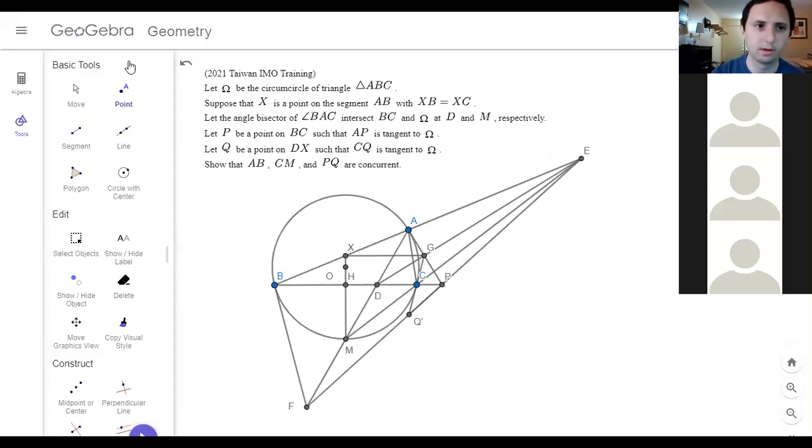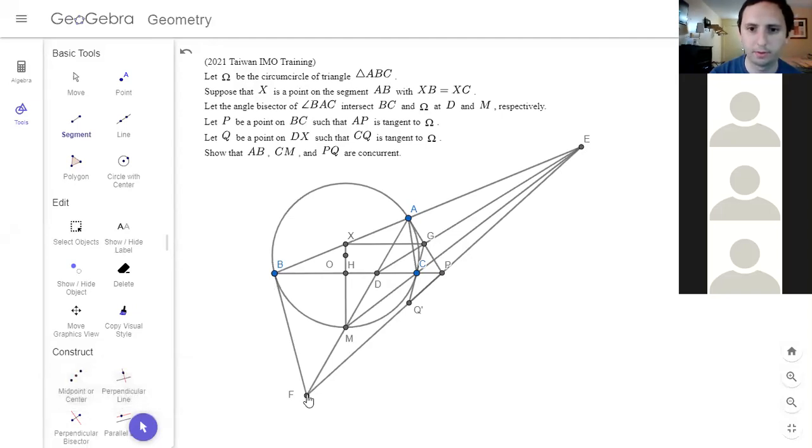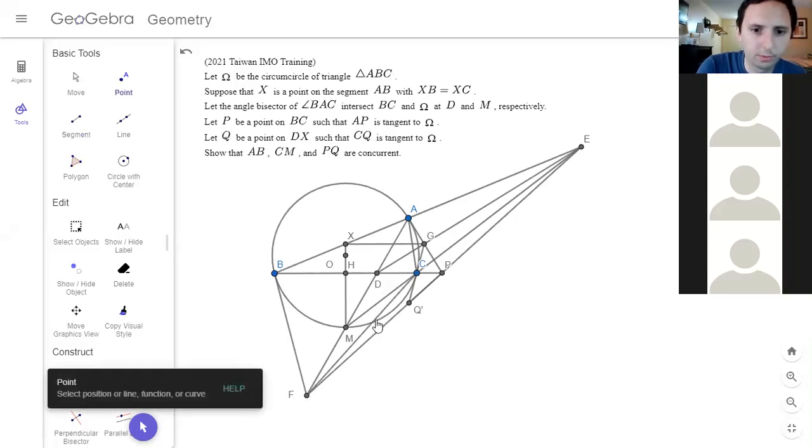Maybe, yeah. I don't know right now where F would go to, but maybe we could figure it out. Yeah, okay. So I'll draw that, and I will draw the intersection point.